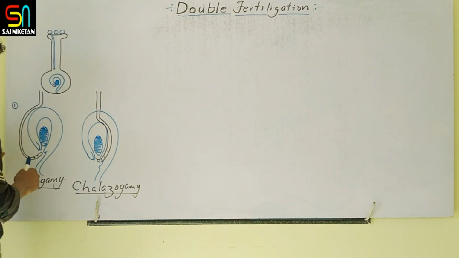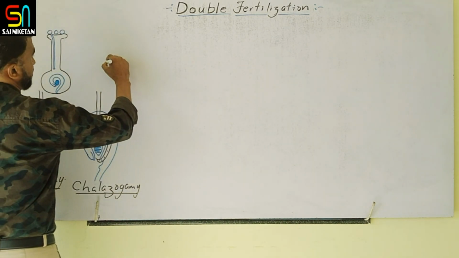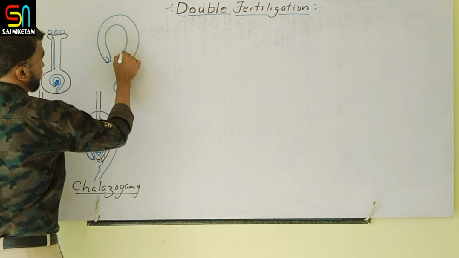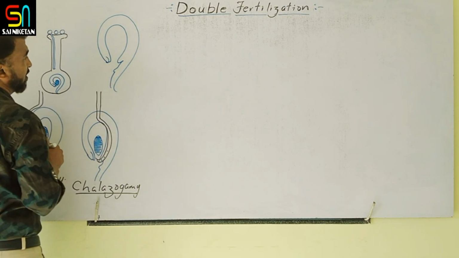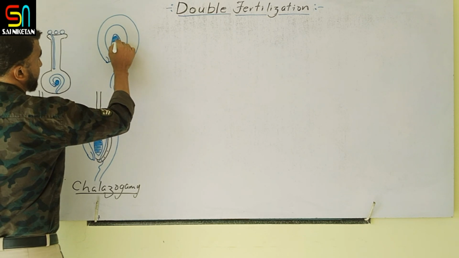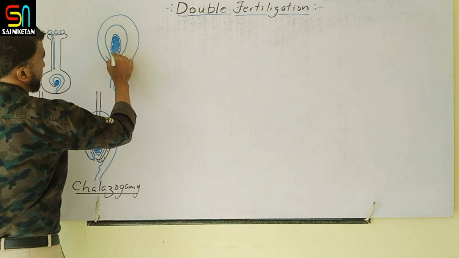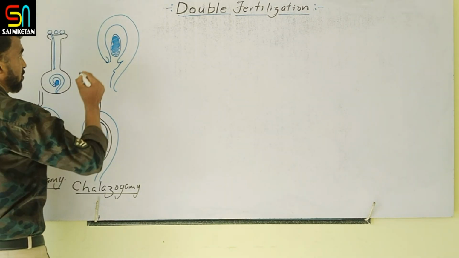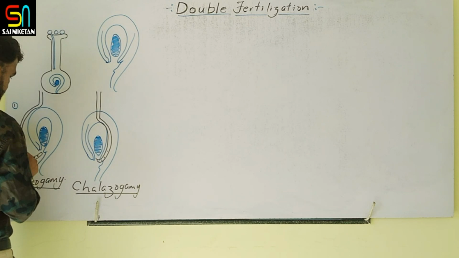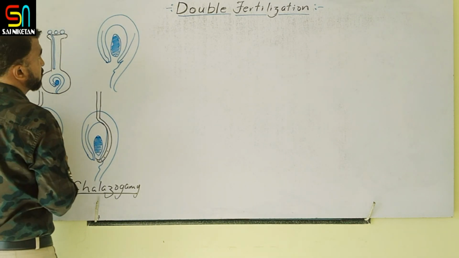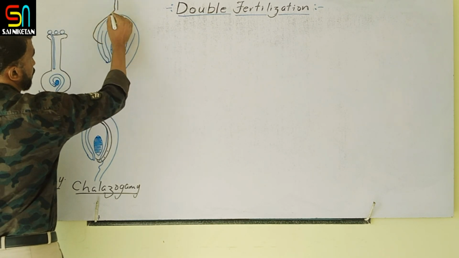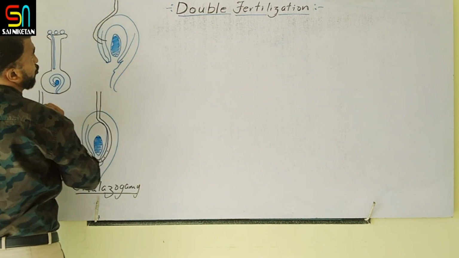One more type is there. If it is an anatropous ovule, and these are the integuments and this is the embryo sac, the pollen tube comes from the stylar region and enters the ovule through the integument.